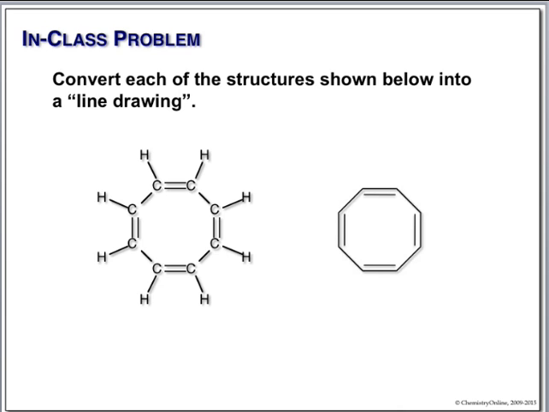Now later on we will see that this is actually not a flat molecule as we've drawn it. The 120-degree bond angles require that this be distorted, and it's actually a basket shape.